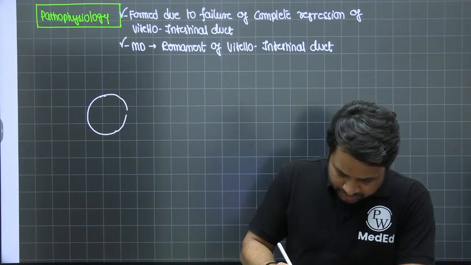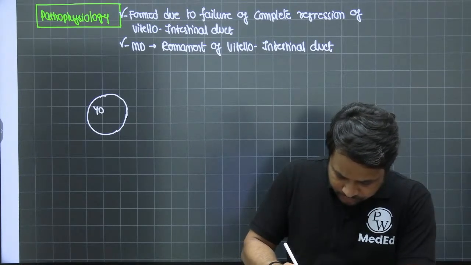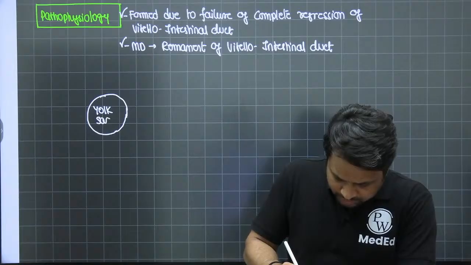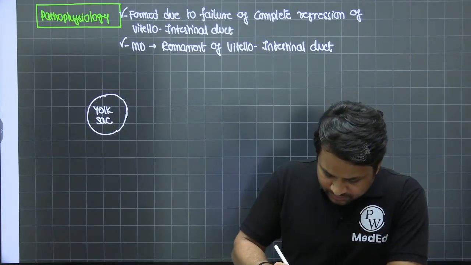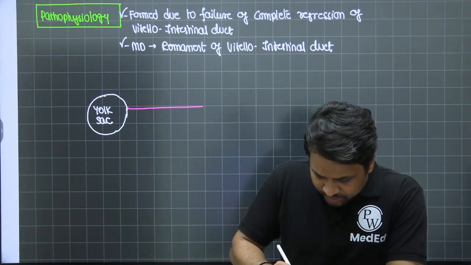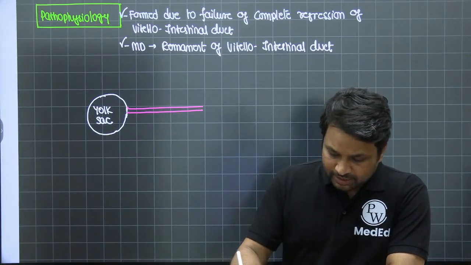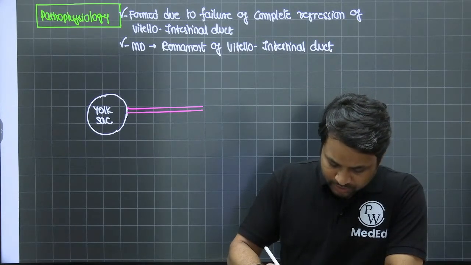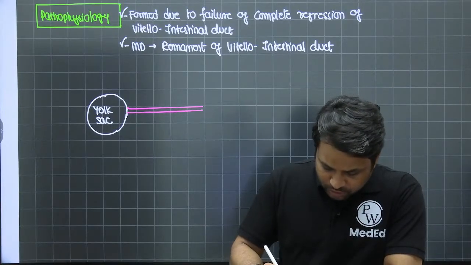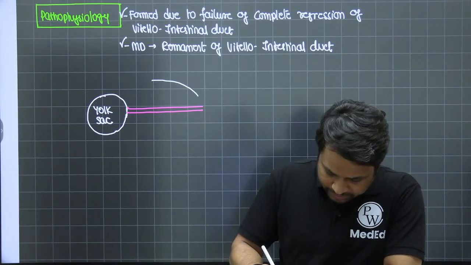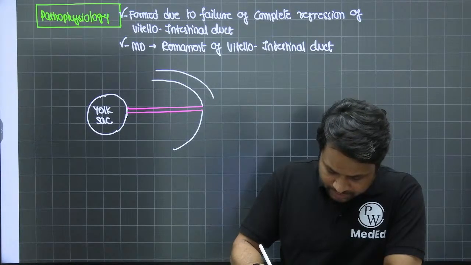From the yolk sac, you see there is this vitelo-intestinal duct. The vitelo-intestinal duct will connect at the junction of the proximal and the distal end of the midgut.